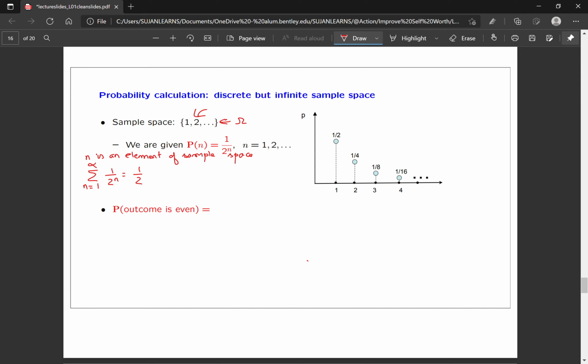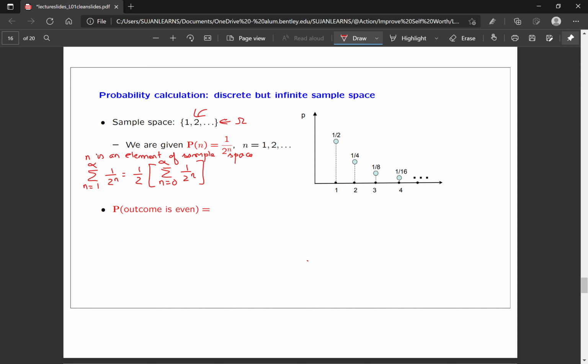We'll factor out 1 by 2, which gives us the sum from n equals 0 to infinity of 1 by 2 power n.